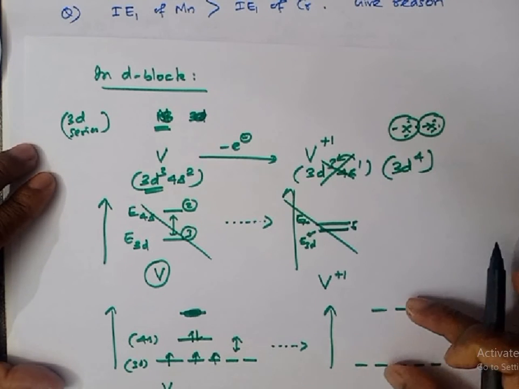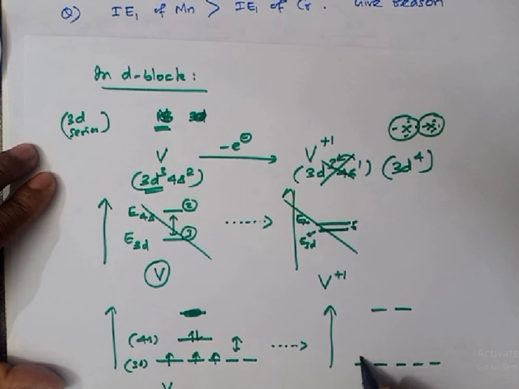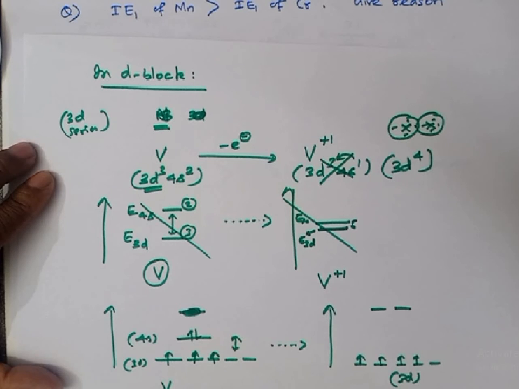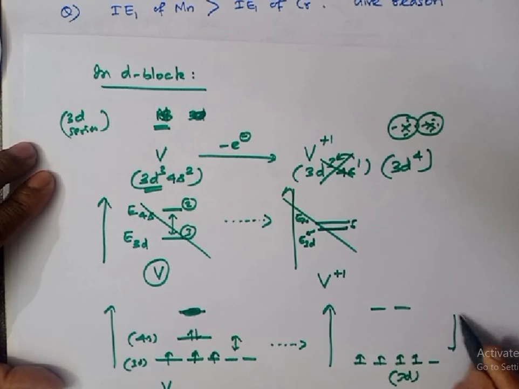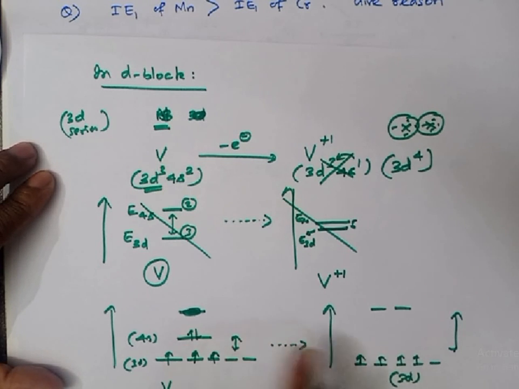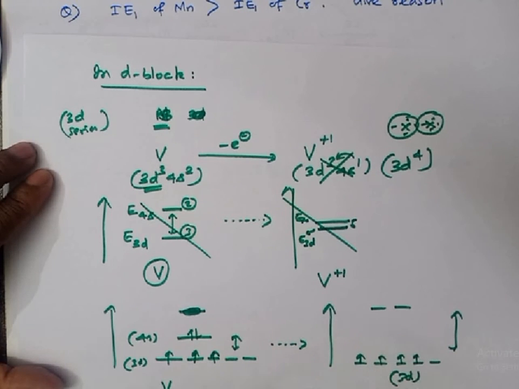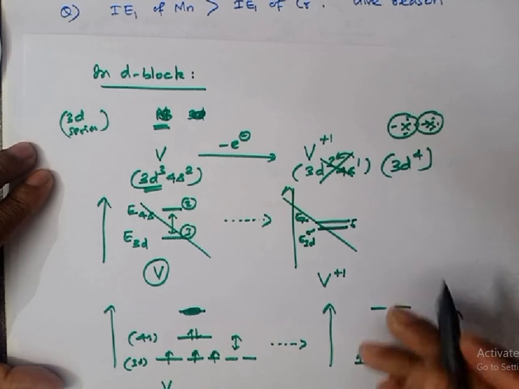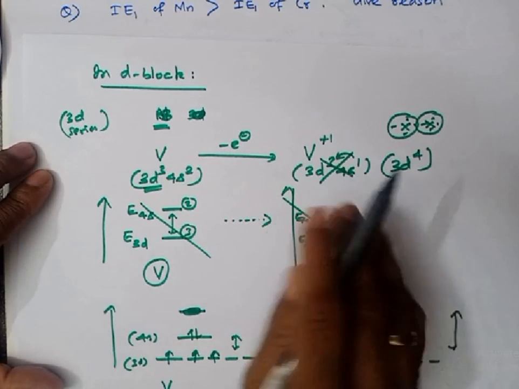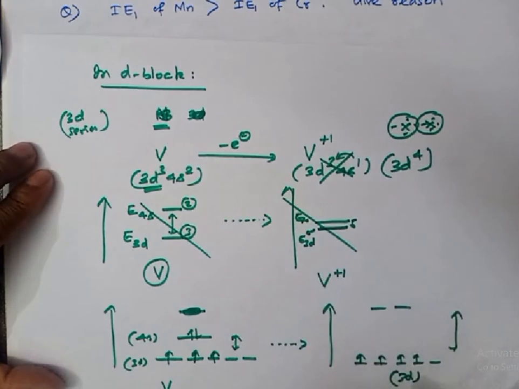But since the gap is large, that 1 electron also will enter the 3d subshell, because the energy gap increases. Therefore, the electron prefers to occupy the lower energy level. So, the expected configuration is 3d3 4s1. That doesn't occur. What is actually observed is 3d4.